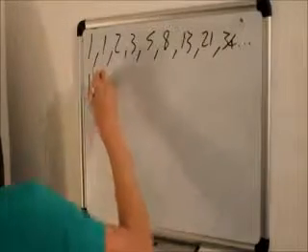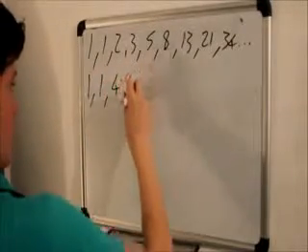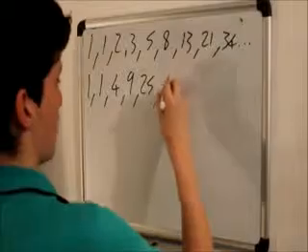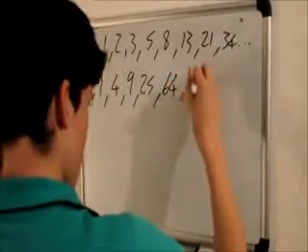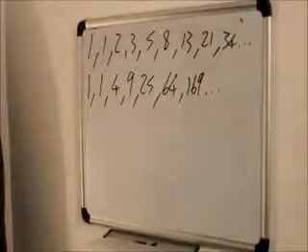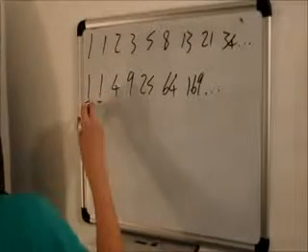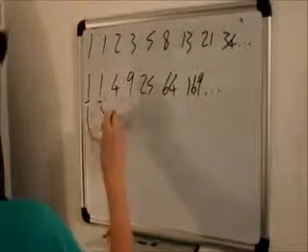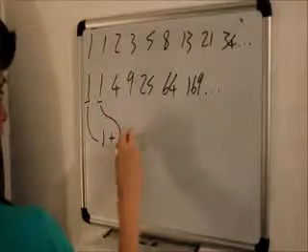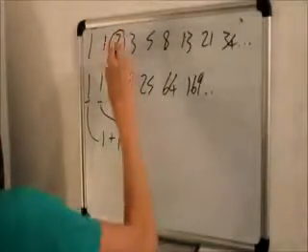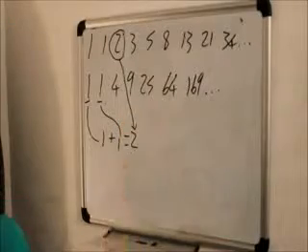Here we have the Fibonacci sequence and the Fibonacci sequence squared underneath. There is a pattern between the squared numbers and the normal numbers. So 1 add 1 equals 2, which is on the top.